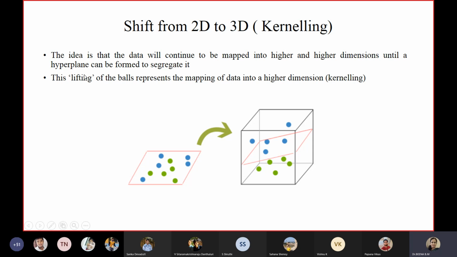The idea is that data continues to be mapped onto higher and higher dimensions until a hyperplane can be formed, and it is able to segregate the data set into different classes. So can anybody say what is happening here? What is the difference between this and the previous graph, the 2D graph and the 3D graph?